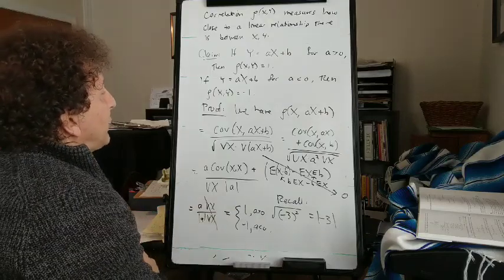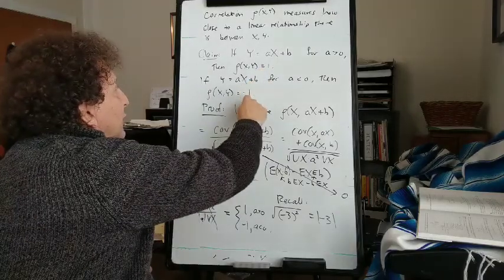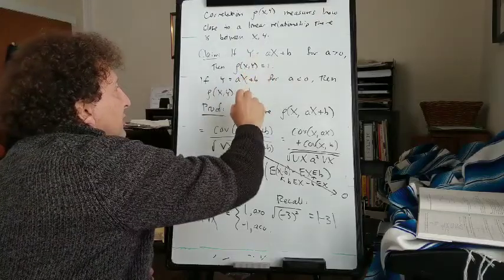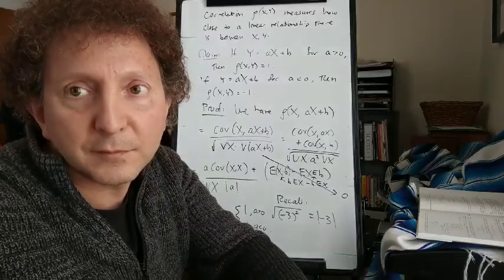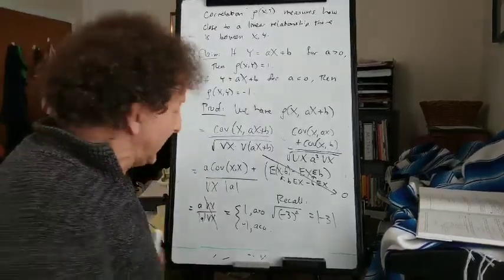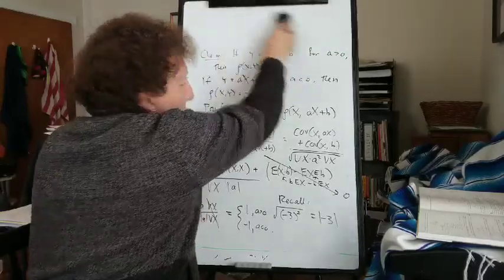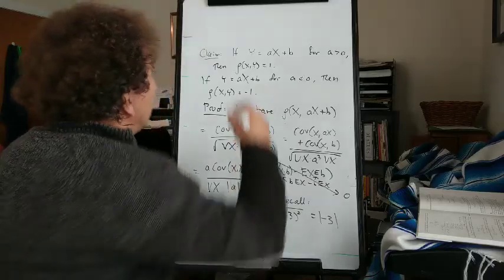So when we have a value of correlation that's close to 1 or close to negative 1, that says that the relationship between x and y is close to this, or close to this. Now, an easy property of covariance is that if x and y are independent, then the covariance is 0.